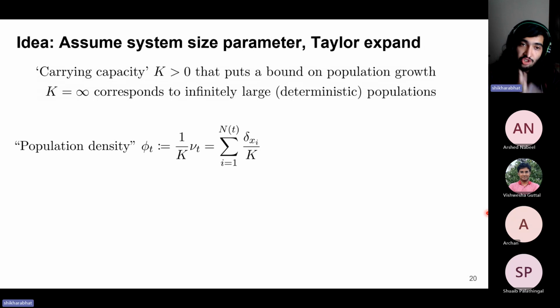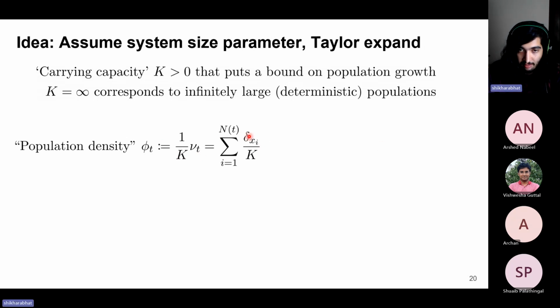We can then transition to population density, which I will call phi, by dividing the population number function by K. Again, phi here is a field or a function. It is not a number.